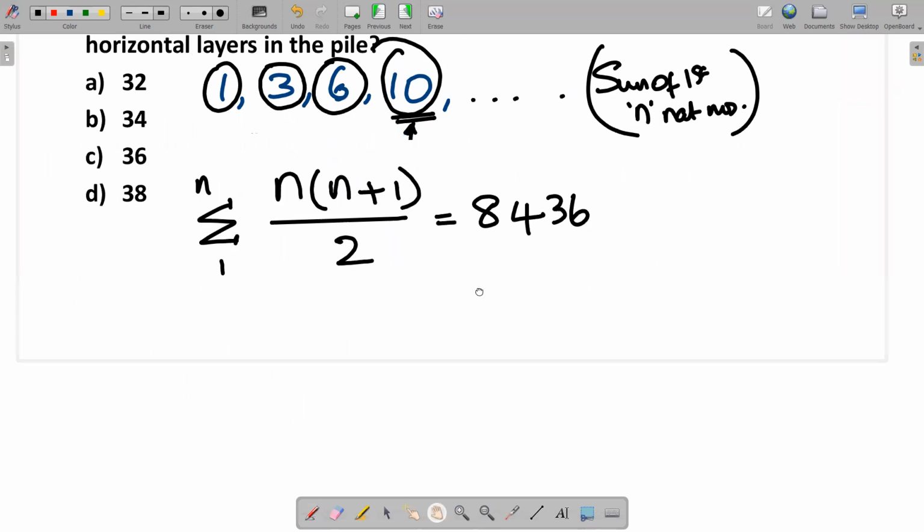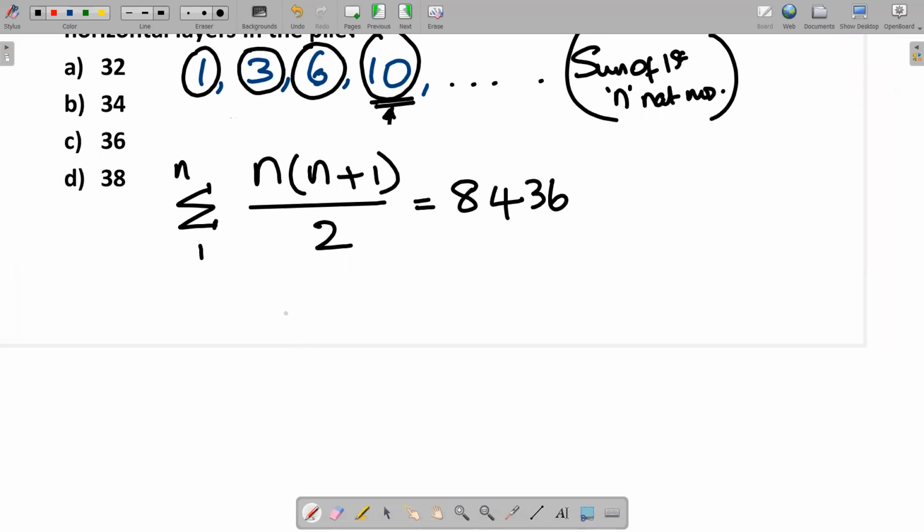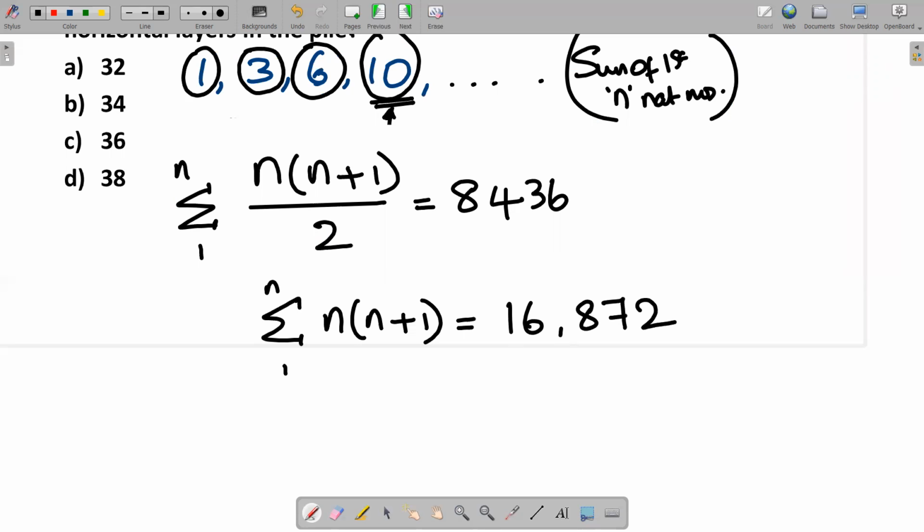Thus, the summation of n into n plus 1 corresponds to 8,436 into 2, and that is equal to 16,872. We will get the result in this manner.